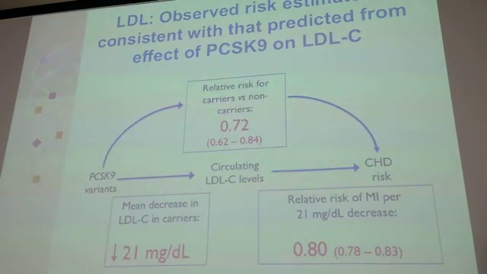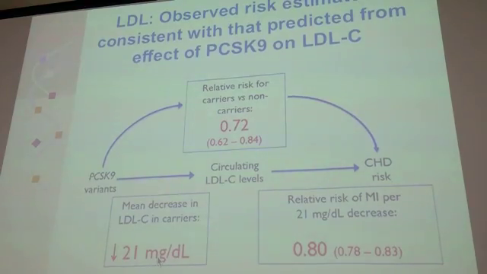And the genetics surrounding that loss of function variant fit very nicely into the scheme to prove that LDL is the reason for heart disease risk, because here are the variants that are associated with lower LDL cholesterol, 21 milligrams per deciliter.